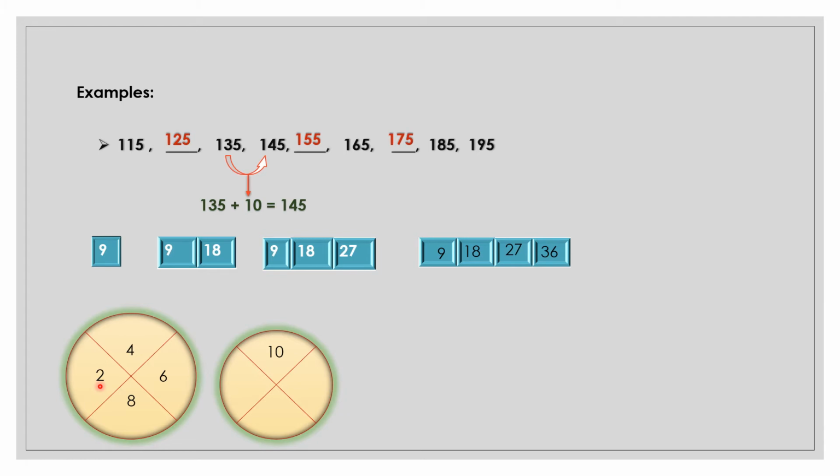In the previous circle this 2 started here, but here the next number after 8, which is 10, starts over here, which means the position is rotating from here to here in the clockwise direction. So after 10 it is 12, 14 and 16.